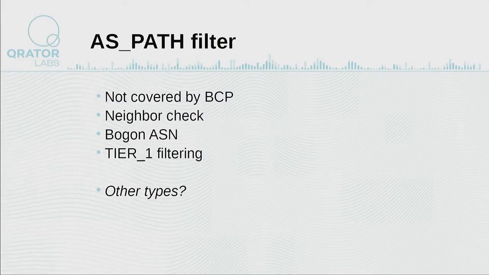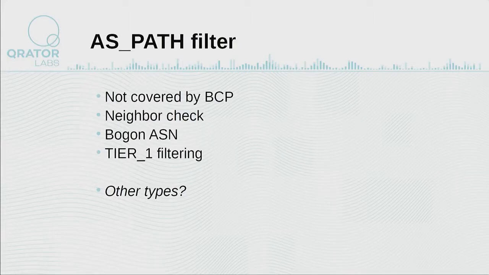It's simple, and there is one exception: when you're applying it on a route server. This is a particular case where the neighbor check should not be done, but in all other cases you should apply it, and it will help us with AS path manipulation in the future, and we will also return to it. But let's take a look at Tier 1 filtration.